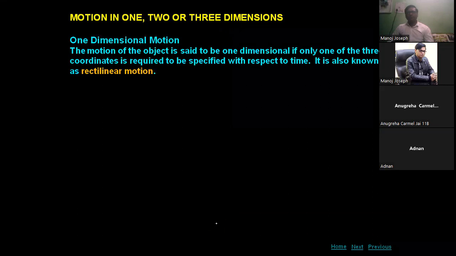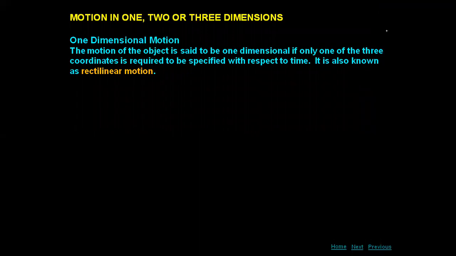One-dimensional motion: the motion of an object is said to be one-dimensional if only one of the coordinates is changing. One of the 3 coordinates is required to be specified with respect to time, and it is also known as rectilinear motion. When the object moves along a straight line, the motion is called rectilinear motion.